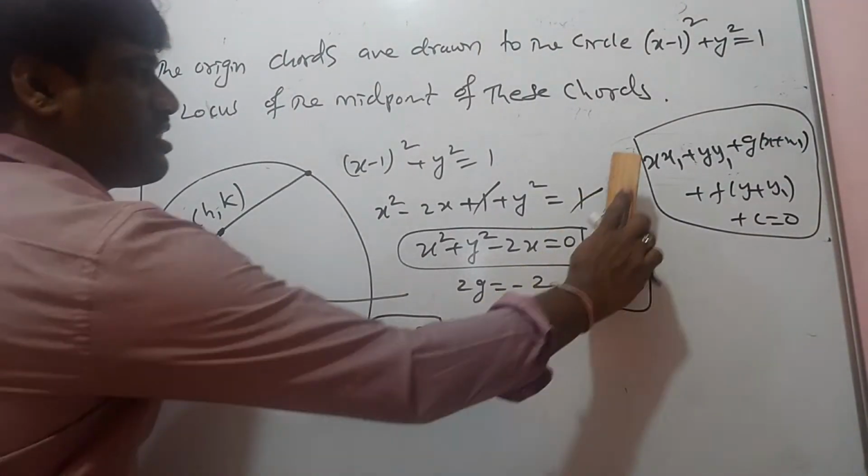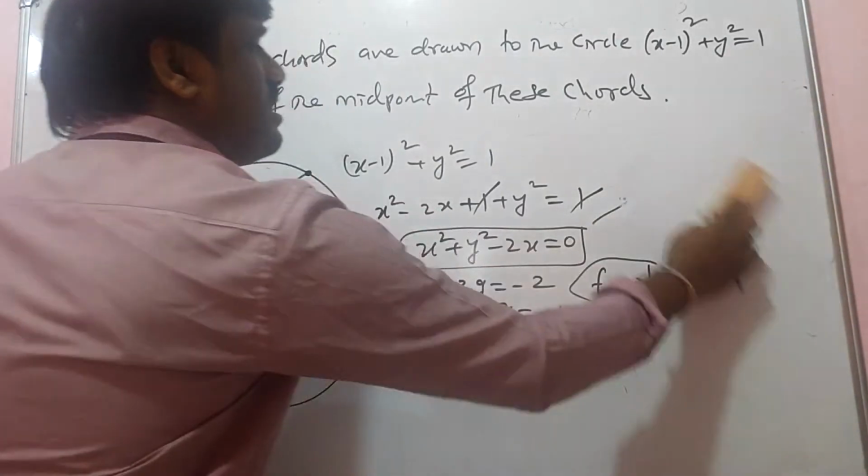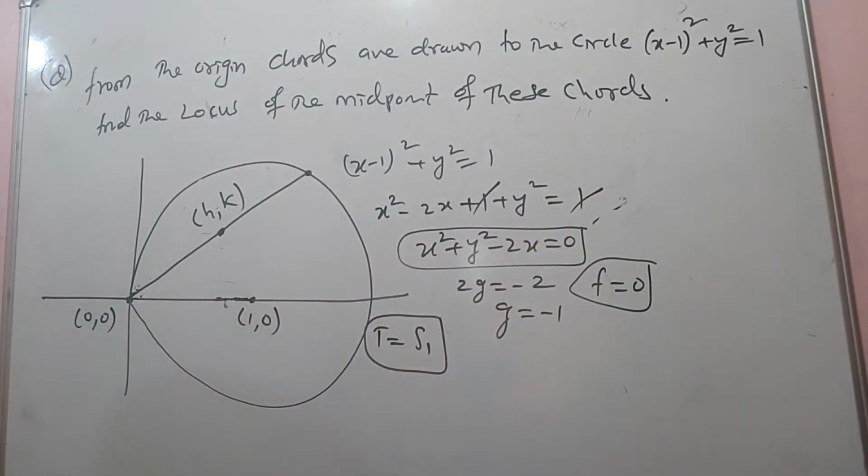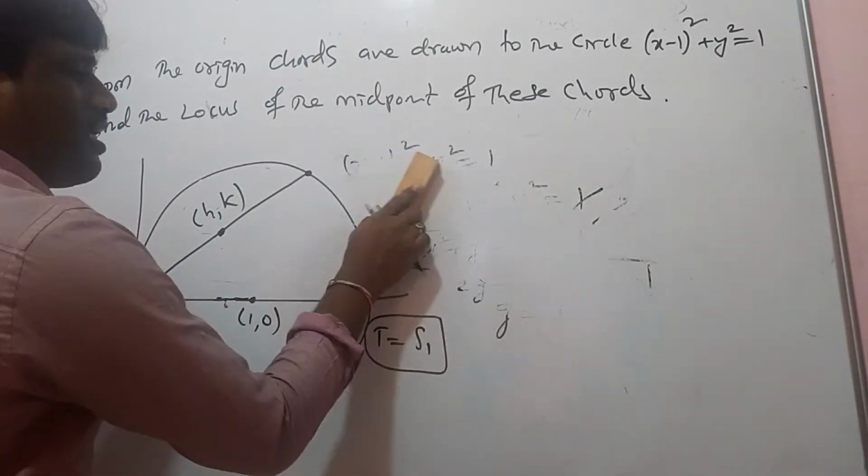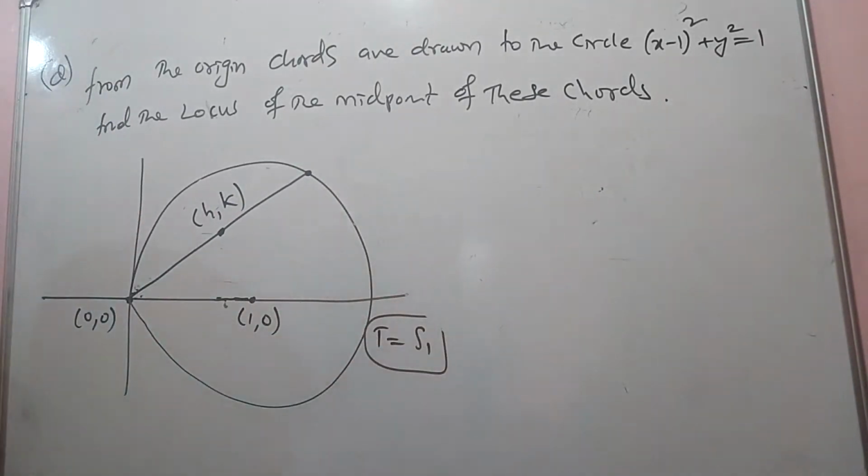So I have to apply T is equal to S1 here. So let us apply T is equal to S1, and you are going to get the answer. I am going to erase this because you got that T is equal to S1.